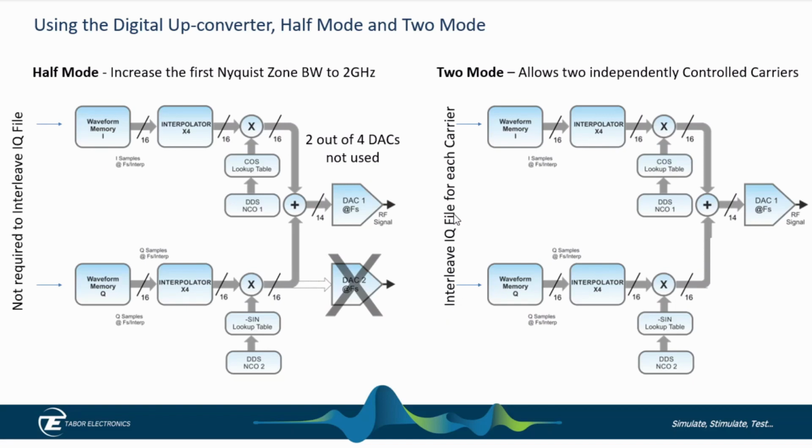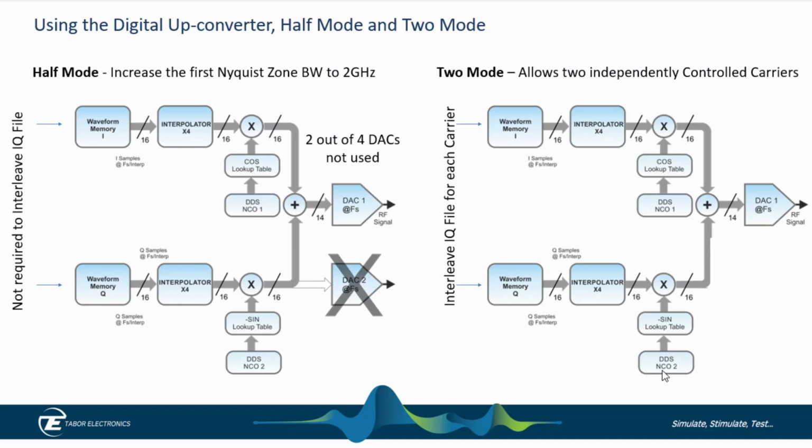Two mode is very interesting because you have to interleave the IQ files this time again. So you've got I and Q in one waveform memory, and I and Q, I and Q, and so on. So you've got 2 waveform files of 2 independent carriers, because you can tune this thing with two NCOs. So essentially we can tune independently of each other, with independent modulation coming out on 1 DAC, up to 2 carriers.